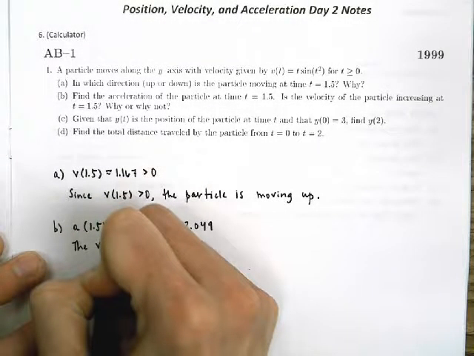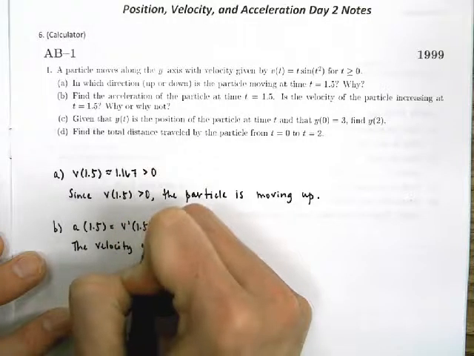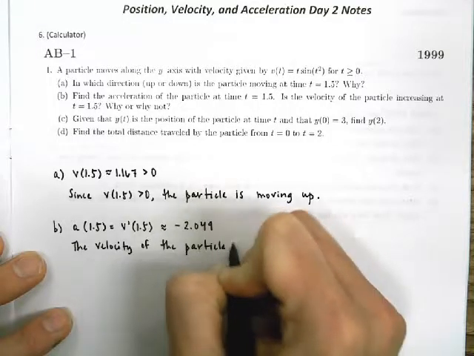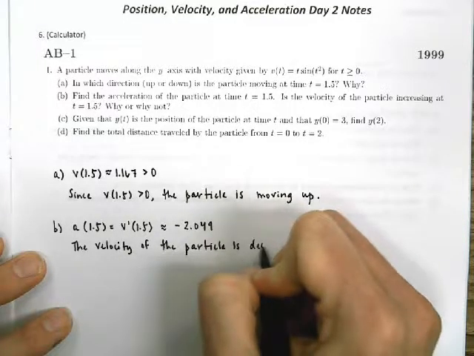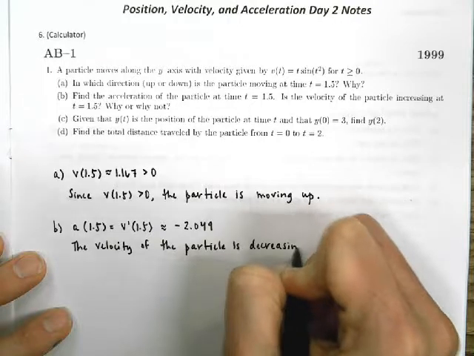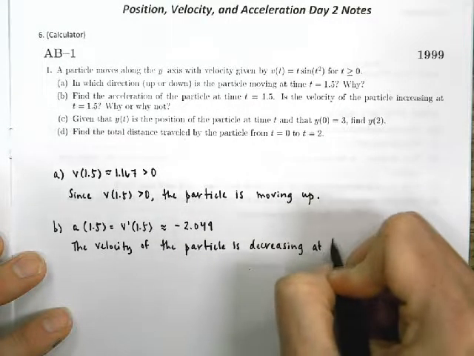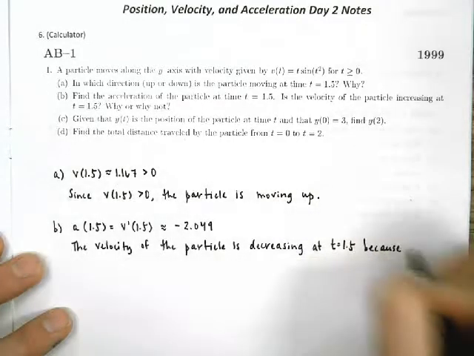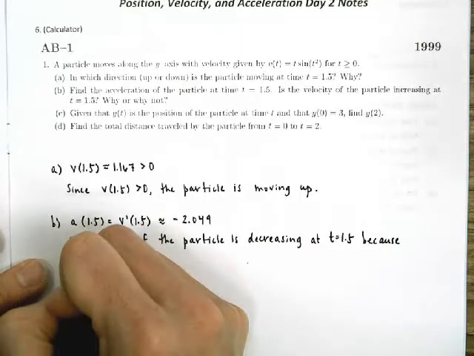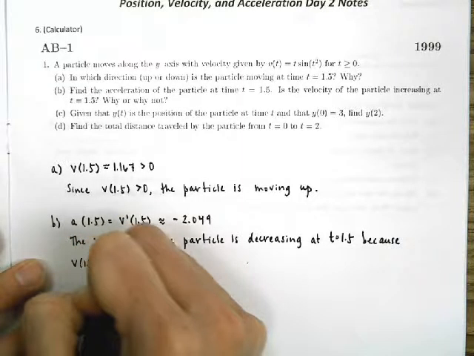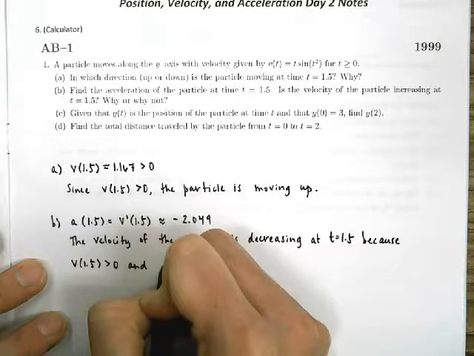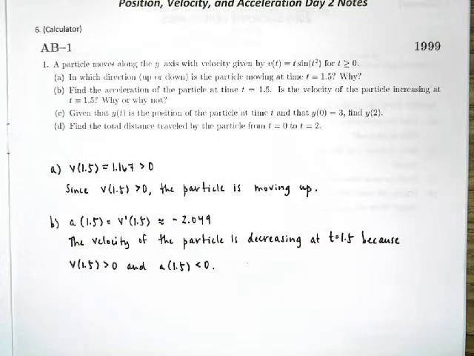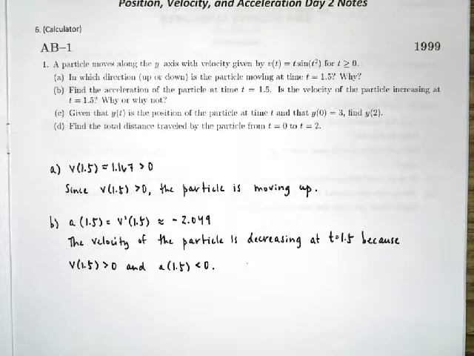So the velocity of the particle is decreasing at t equals 1.5 because v of 1.5 is greater than 0 and a of 1.5 is less than 0. So they have opposite signs, so it's slowing down.